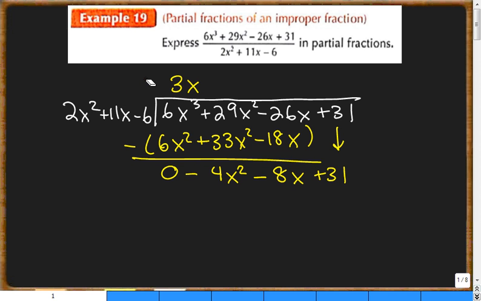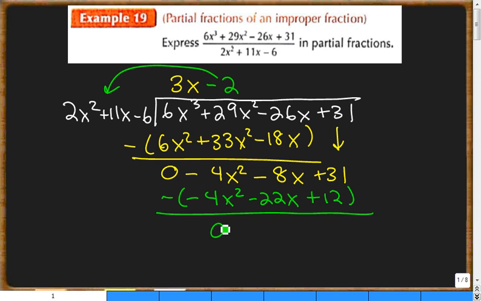So now we move on to our second step, which means 2x squared times a negative 2 is going to give us what we need here. So this will make negative 4x squared, again by design. Negative 2 times 11x is going to be negative 22x. And then negative 2 times negative 6 will make a positive 12. So this will make 0. Negative 8 minus a negative 22, that's like adding 22.